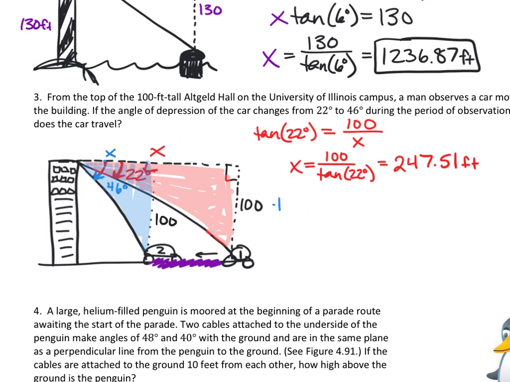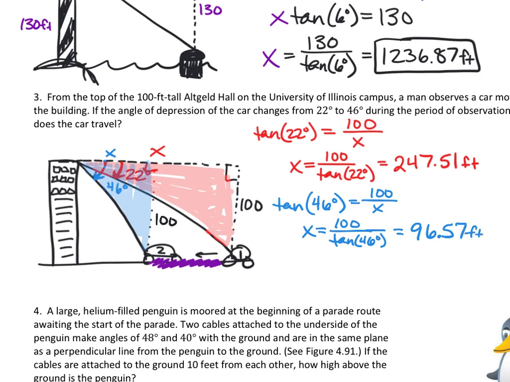I want to find out the tangent now of 46 degrees when it's equal to 100 over this distance x. Solve for x, you'd multiply and then divide. It would be x equal to 100 over tangent of 46 degrees. And 100 divided by tangent of 46 degrees is 96.57 feet.